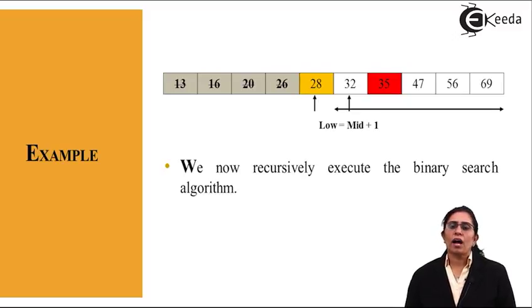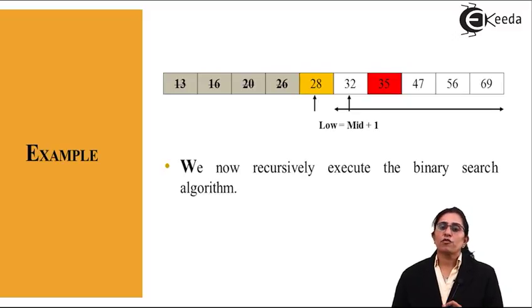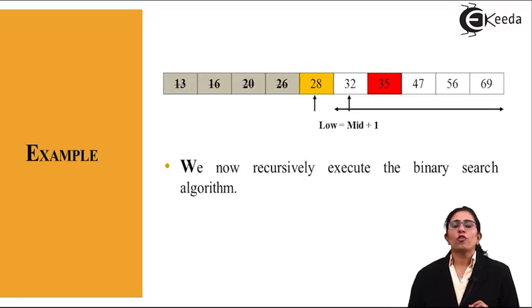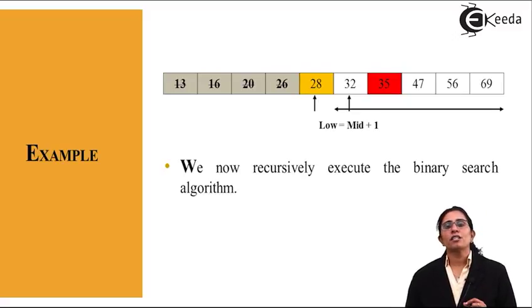So I say 5 plus (9 minus 5) by 2. 9 minus 5 is 4. So 4 by 2 is 2. 5 plus 2 is 7. So where is 7 coming? 7 will come for the location 47. Now my new mid, which is recursively found, is at 47 where my element is stored.